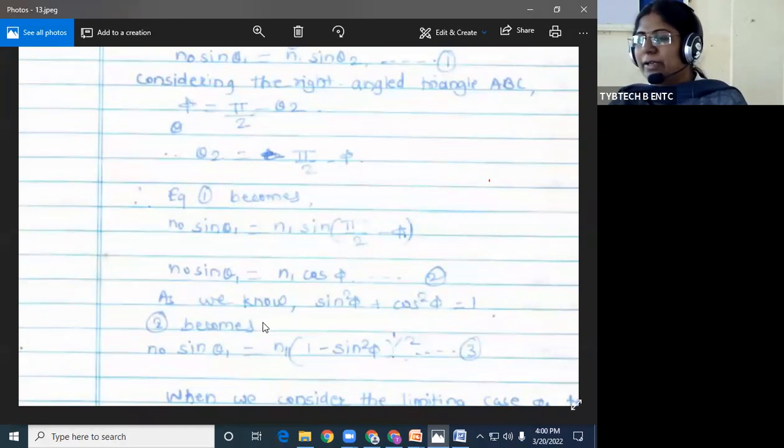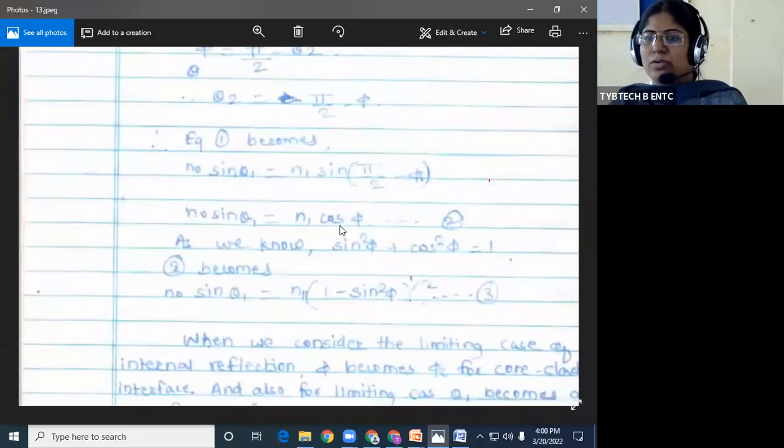Basic trigonometry: sin of 90 minus that angle is equal to cos. And we know sin square A plus cos square A is equal to 1. So cos φ is equal to (1 minus sin square φ) raised to 1/2.